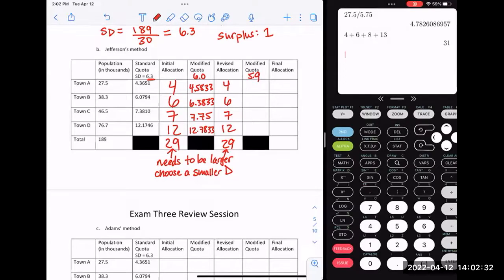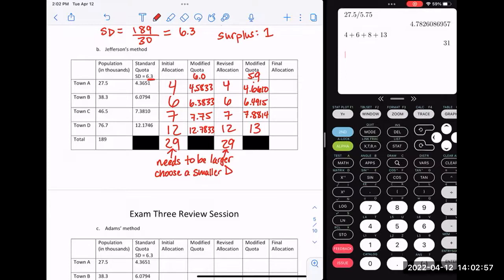So if I do 5.9, getting 4.6610, 6.4915, 7.8814, and 13.